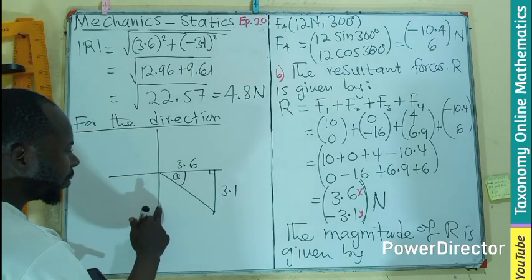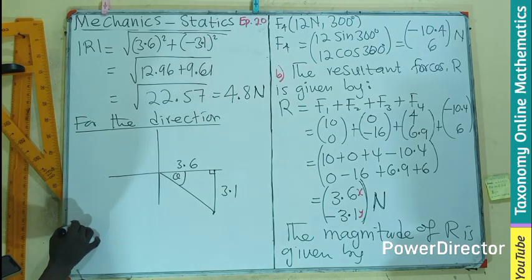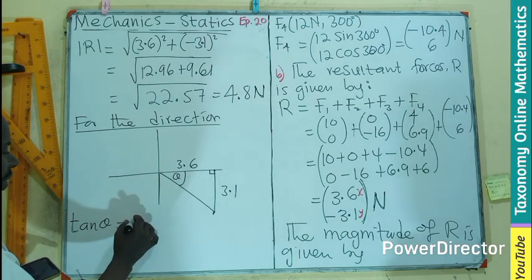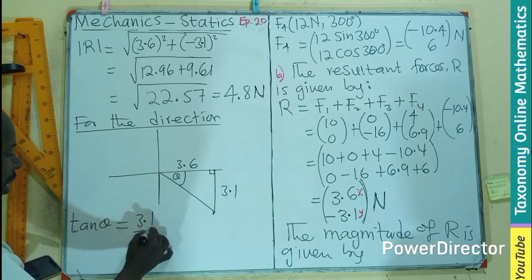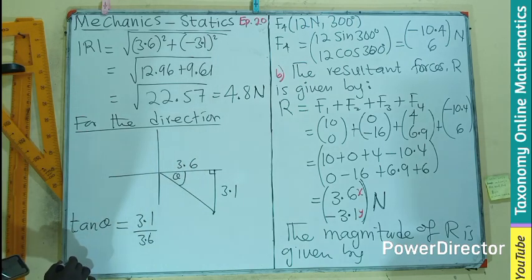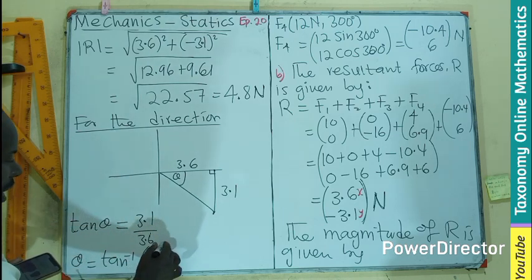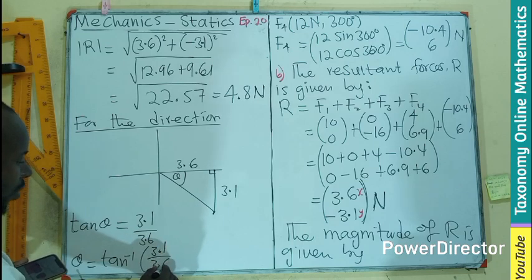This angle. So I can say that tan theta equals the opposite side 3.1 divided by the adjacent 3.6, making theta equal to the tan inverse of 3.1 over 3.6.